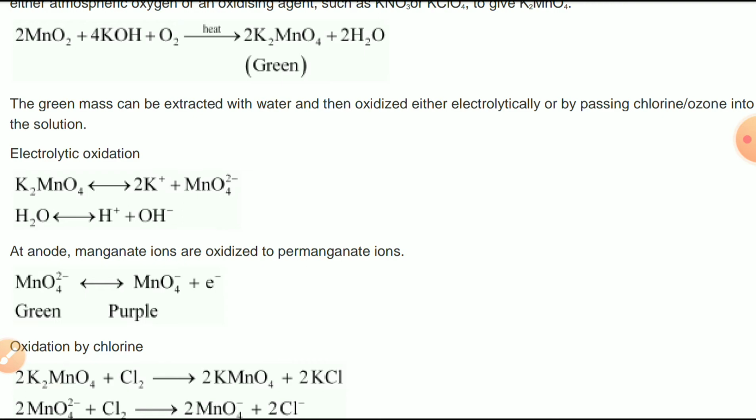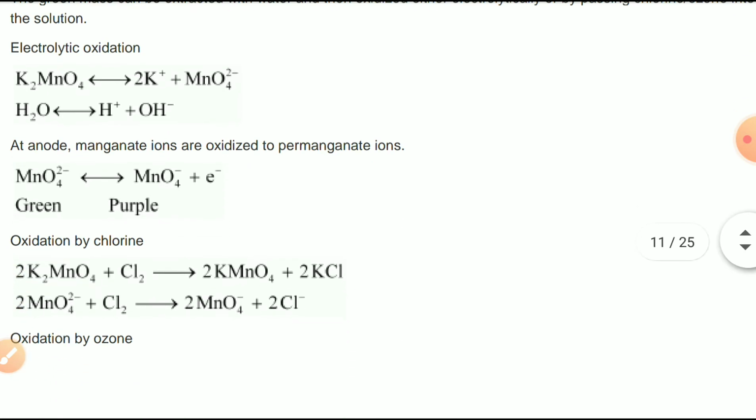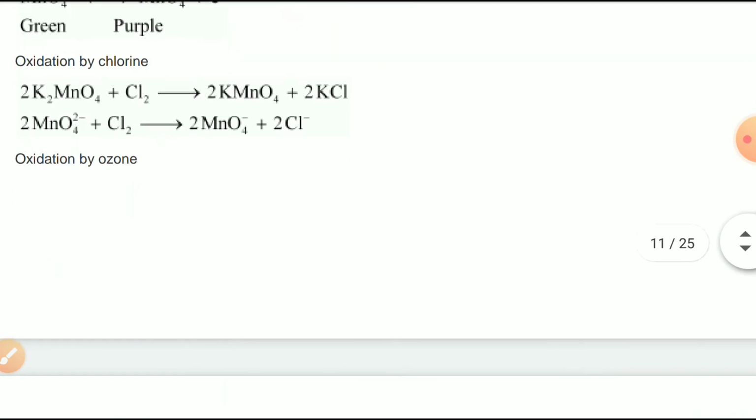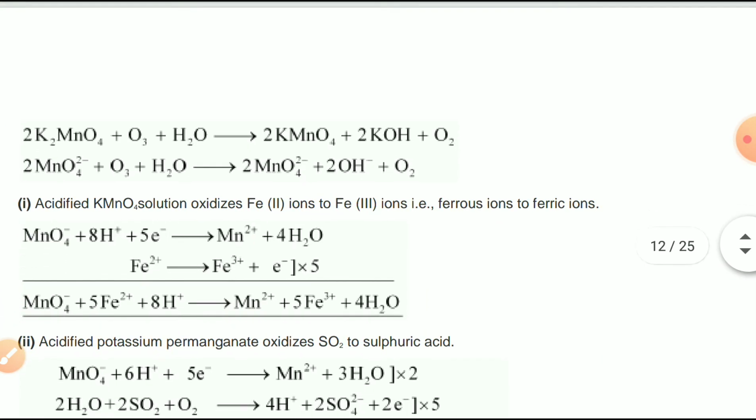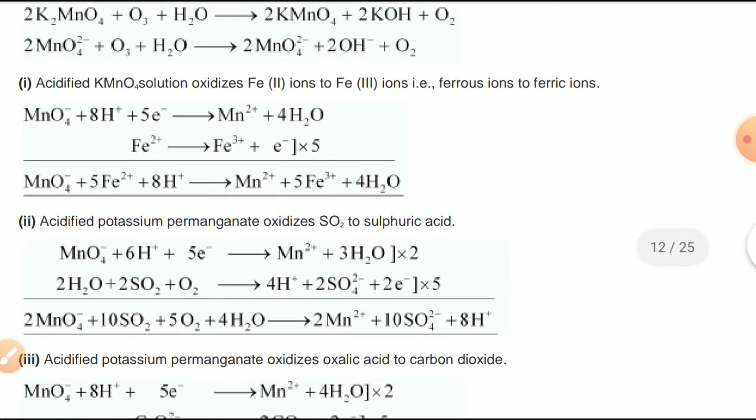The green color MnO4 2 minus manganate ion is converted into the purple color permanganate ion by loss of the electron. Oxidation by the chlorine, and oxidation by the ozone can also oxidize.